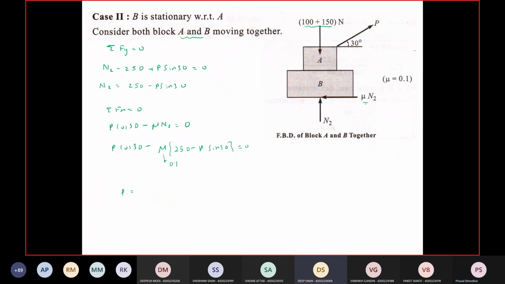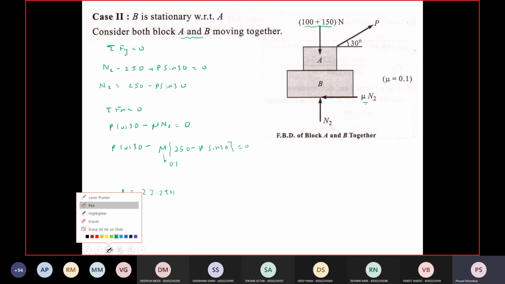N2 is 235.237. Which P? N2. Tell me the value of P directly. Okay, sir. So 27.29. You can see that in the second case it is less than the value in the first case.